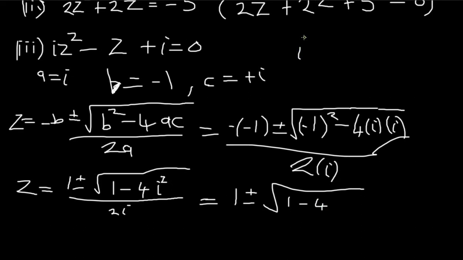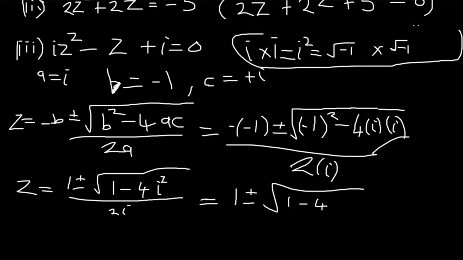We said i squared is equal to the root of -1 times the root of -1. i squared is nothing but i times i. So when we talk of i squared, we're just simply referring to the root of -1 times the root of -1, which will give you your answer to be -1. So meaning while there is i squared, we can put -1 here, then over 2i.